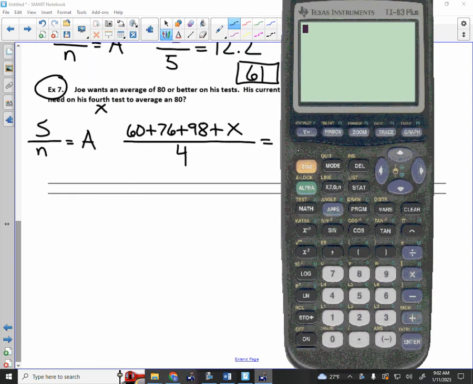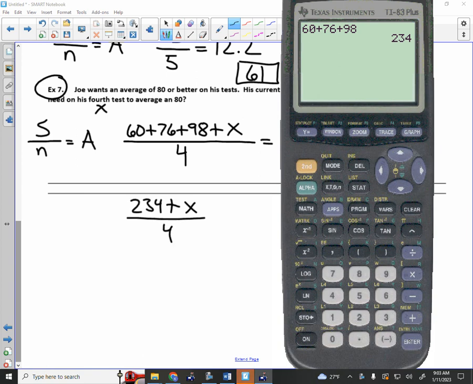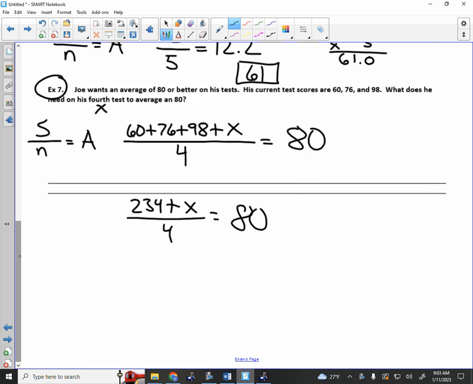There we go. And I'm going to add those up. I've got 60 and 76 and 98. And I get a grand total of 234. So 234 plus X over 4 is equal to 80. You guys said I should multiply both sides by 4.